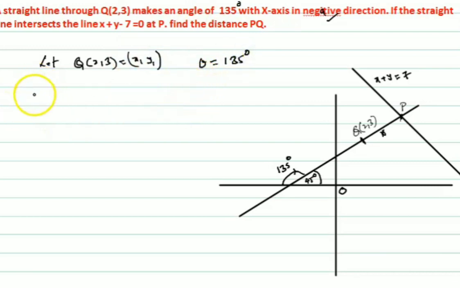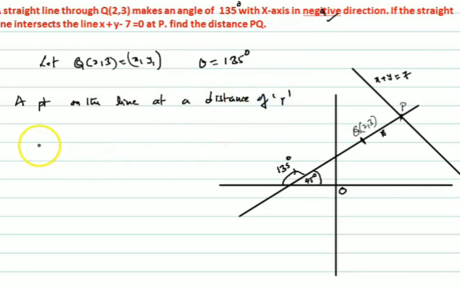Any point on this line is at a distance of r units from Q, that is, PQ is equal to r. Therefore, what are the coordinates of P? P is equal to (x1 plus r cos theta, y1 plus r sin theta).